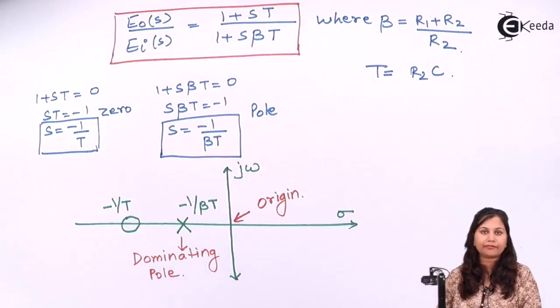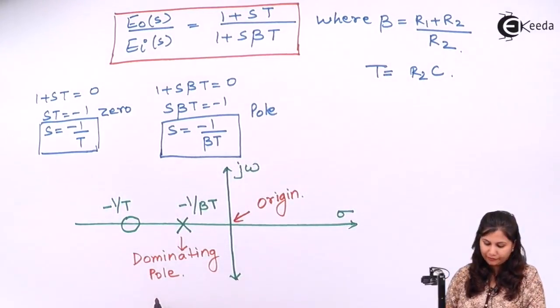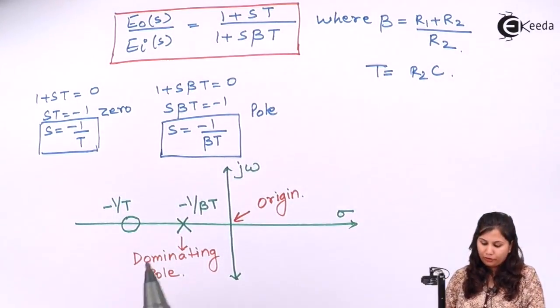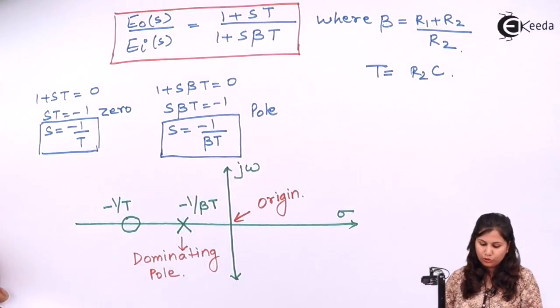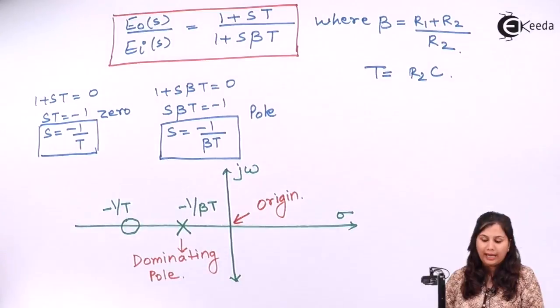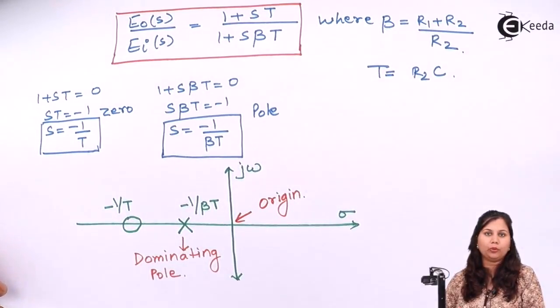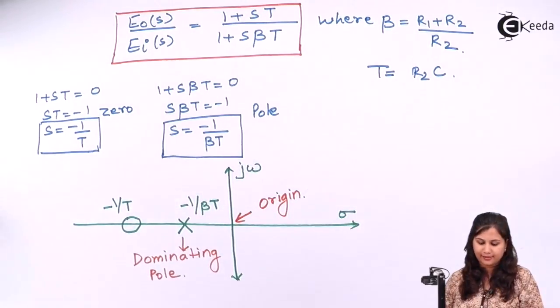So here in the phase lag network, we have a dominating pole because it is nearer to the origin as compared to the zero. So its effect will be more, and due to this dominating pole, the phase shift is reduced when a phase lag network is introduced in the system.